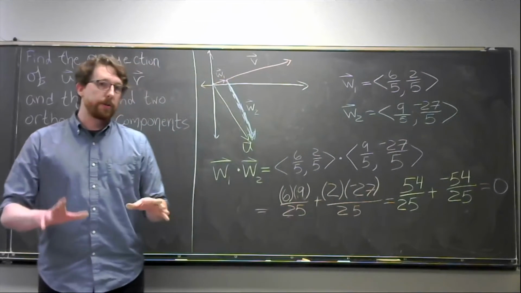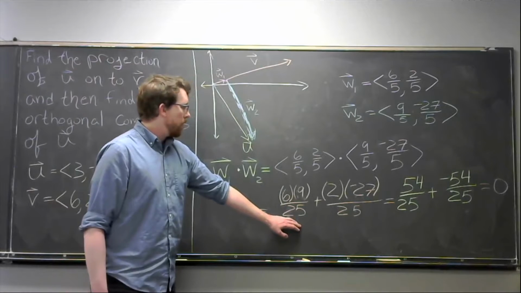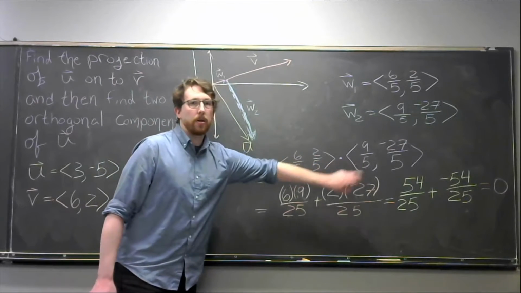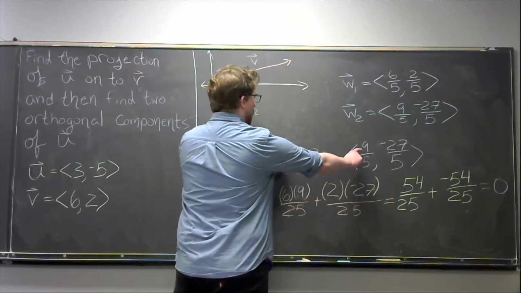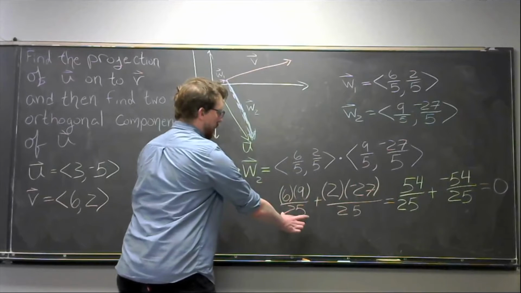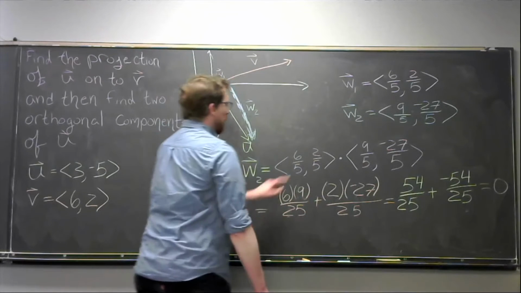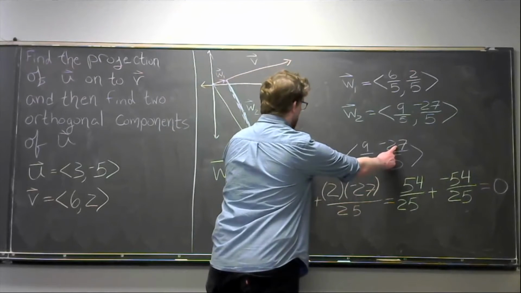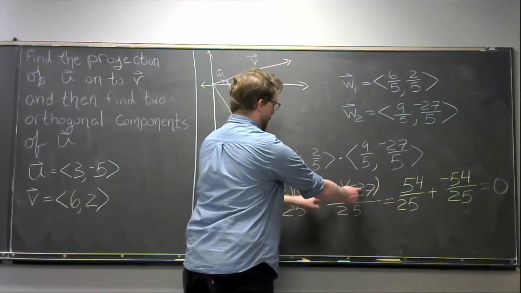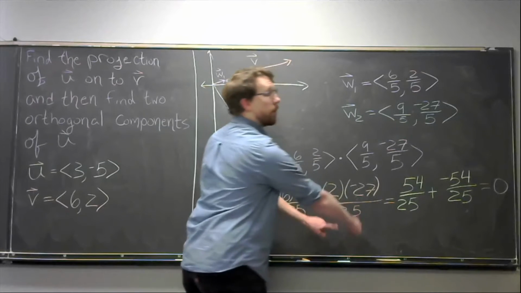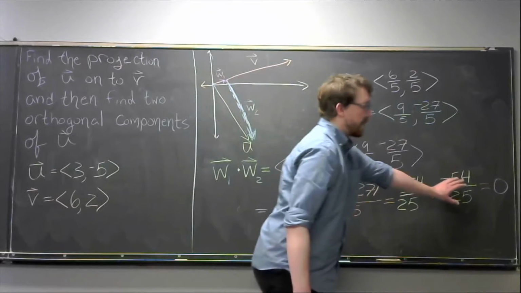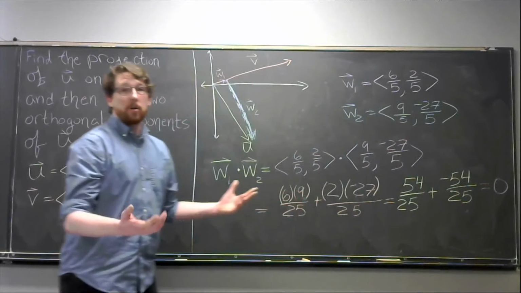Now, for those who aren't sure where this 25 came from, I just went ahead and said the denominator times the denominator. So notice what we've done. We said 6 times 9, 5 times 5. 6 times 9, 5 squared. 2 times negative 27 over 5 times 5. 2 times negative 27, 5 squared. And then we added them together. We got 0. So it checks out.